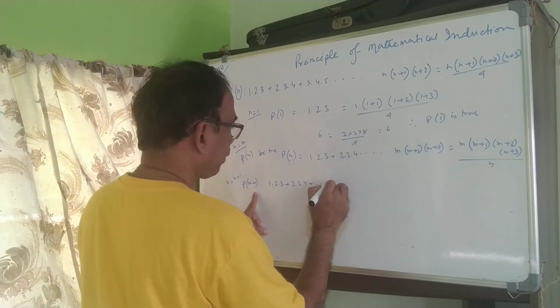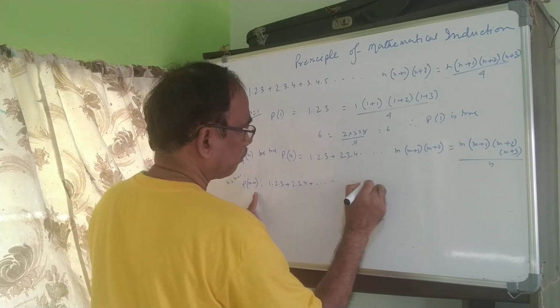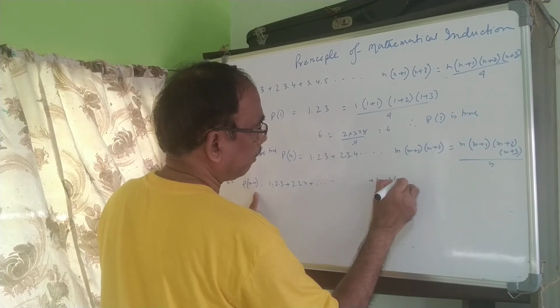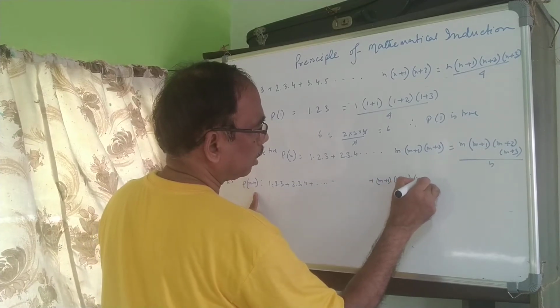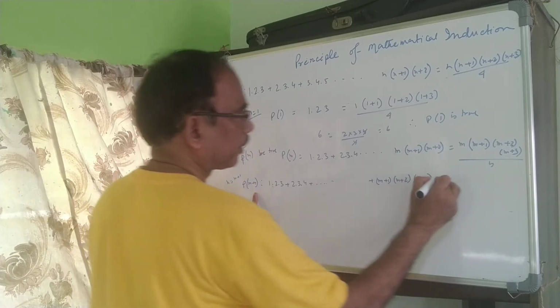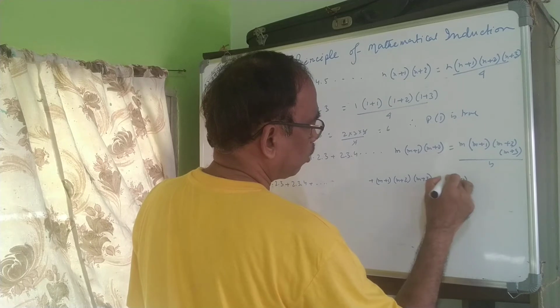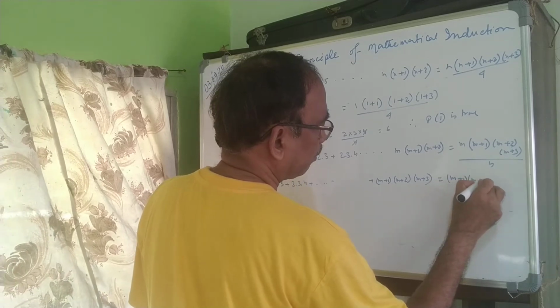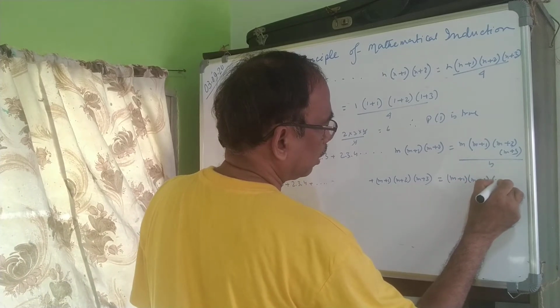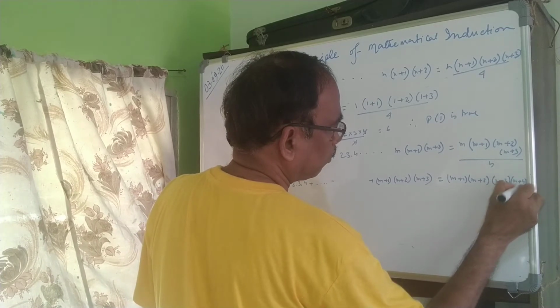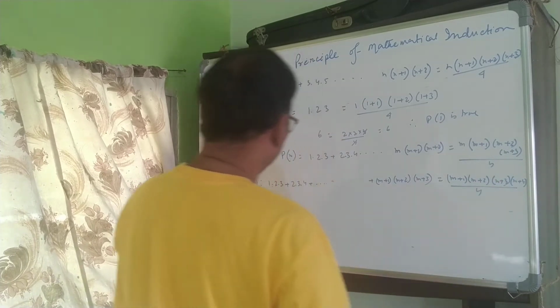Instead of m, put m plus 1: m plus 1 into m plus 2 into m plus 3 equals, put it here, m plus 1 into m plus 2 into m plus 3 into m plus 4 over 4.